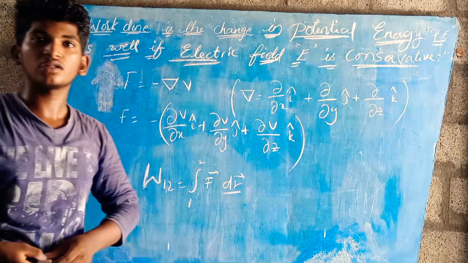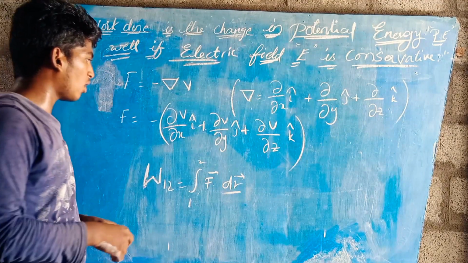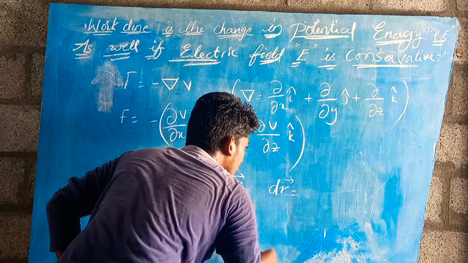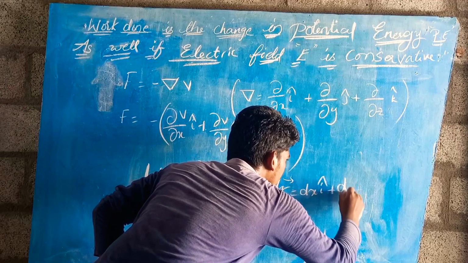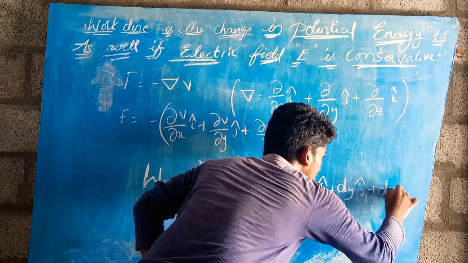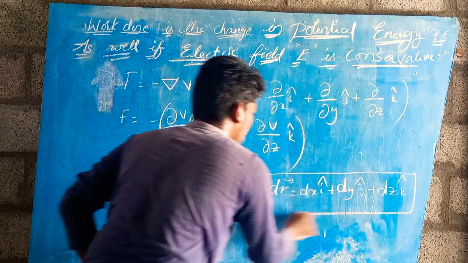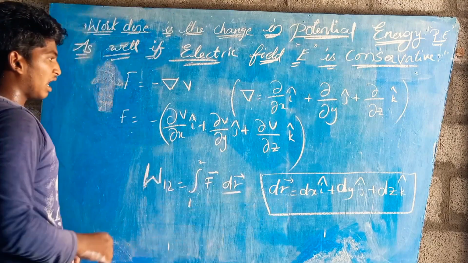If the position of that particle is in 3D coordinates, we get dr as dx i cap plus dy j cap plus dz k cap. Now we have the F value and the dr value.